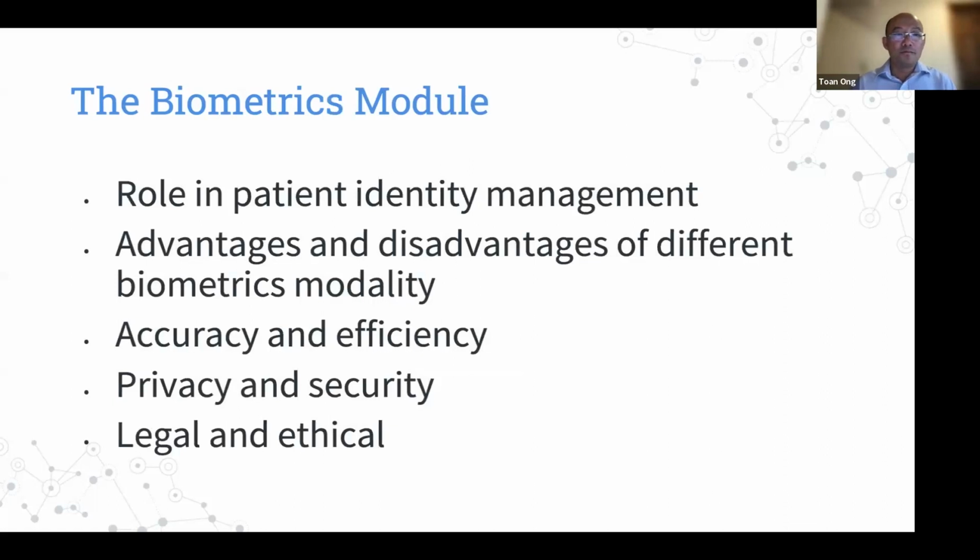So the overall objective of patient identity management is to match patients and to identify the records or the information that belong to an individual patient.